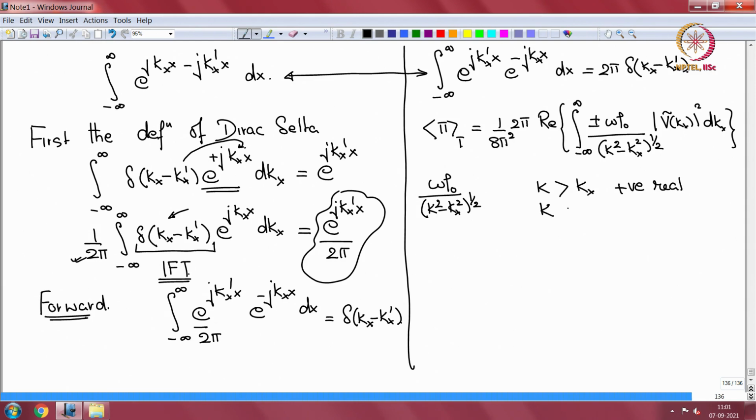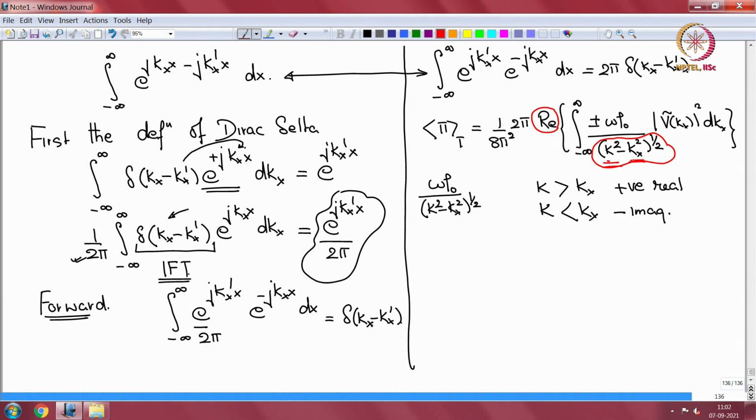If k happens to be less than kx, we'll take the negative imaginary root. So as long as k is bigger, this expression is real, and this real we will choose, as long as k is bigger than kx.